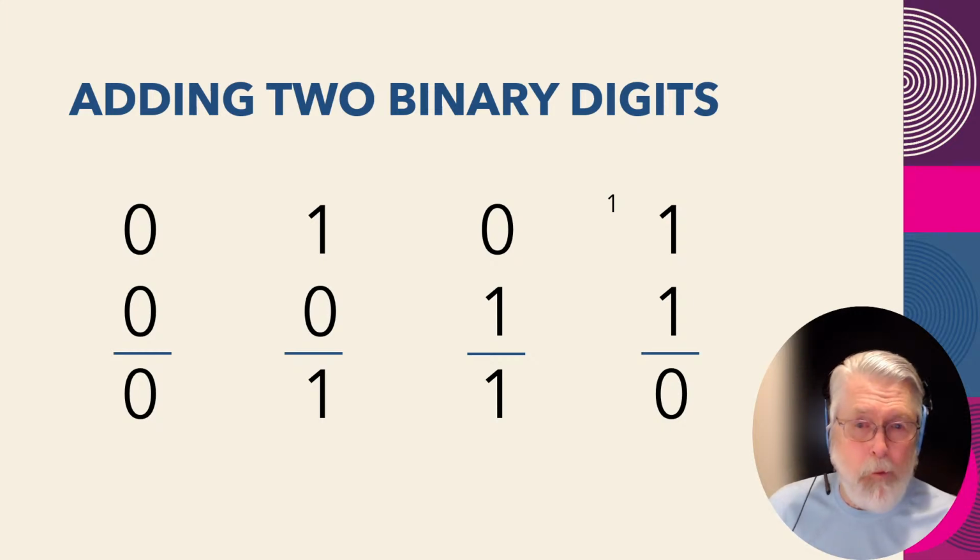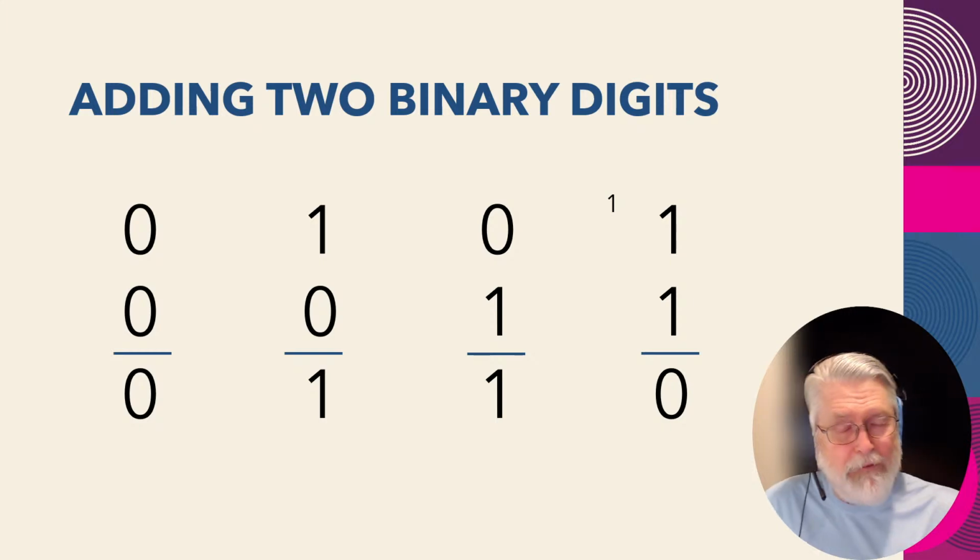And if you take a 1 and a 1 and add them together, what do you get? Well, if you're talking about one column, you get a 0 with a carry bit, a carry over into the next column. Remember, in decimal, if you get more than 9 in the column, then you have to carry over whatever goes into the next column.